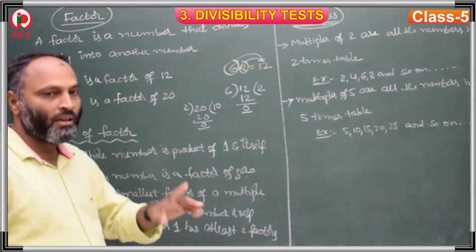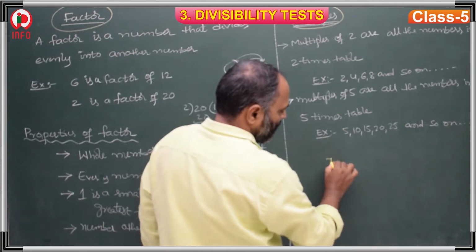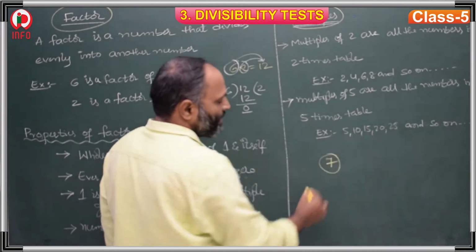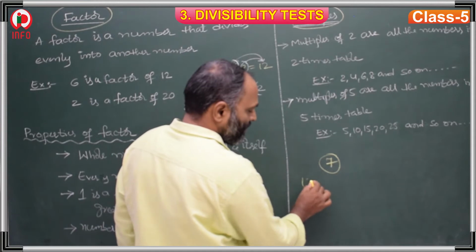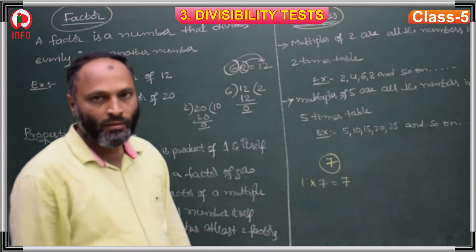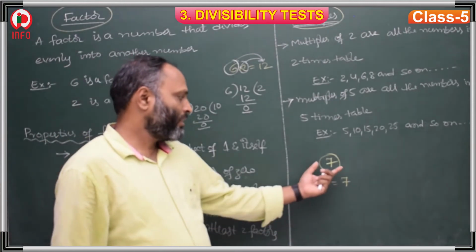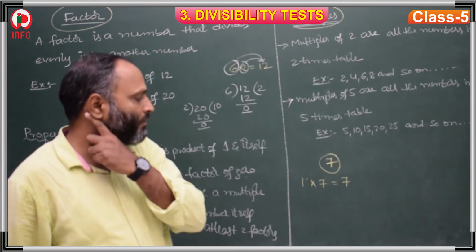Now the greatest factor. If I take 7, what are the factors of 7? 1 7 is 7. In other numbers, 7 is not divisible. So 1 and 7.